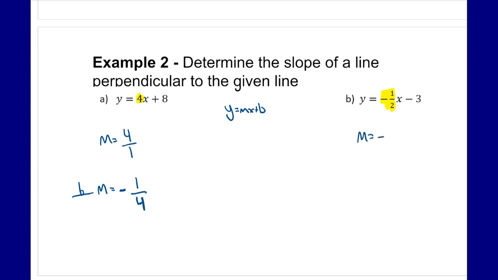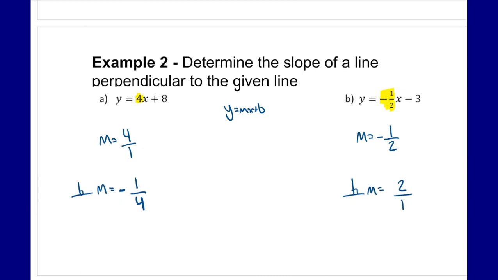We see it's a fraction, which is easier for us because now when I flip it for the negative reciprocal, it becomes 2 over 1. And instead of being negative, it becomes positive. I could then just rewrite this as 2, because 2 over 1 is the same thing as 2. So that would be the slope of a perpendicular line.